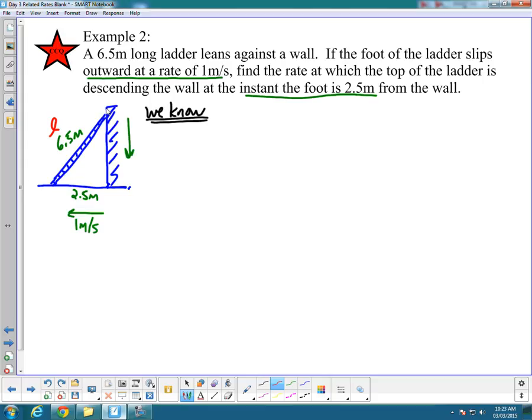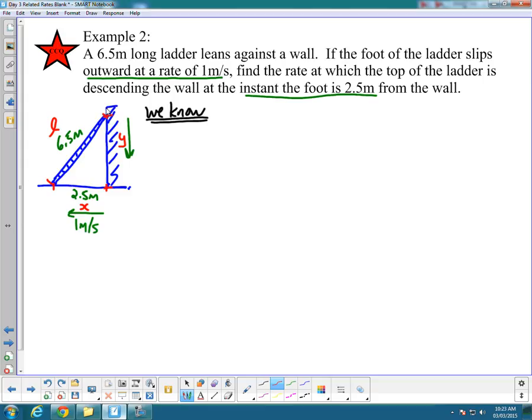I'm going to use this side as L. And I'm going to call this side X, simply because it's on the horizontal, and I'm going to call this side Y. So X represents how far it is here, and Y represents how far it is here, and L would represent how long the ladder is.